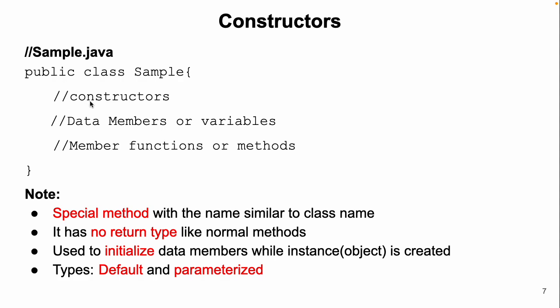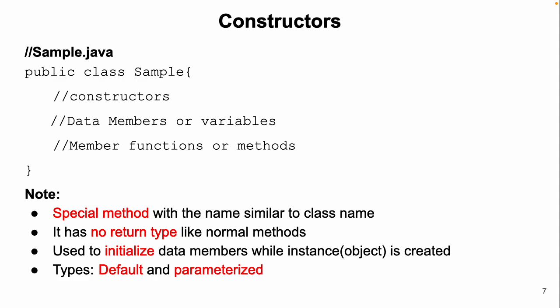As you can see here, we are including our constructors along with the data members and member functions. It is a special method with a name similar to our class name. So a constructor is a method.